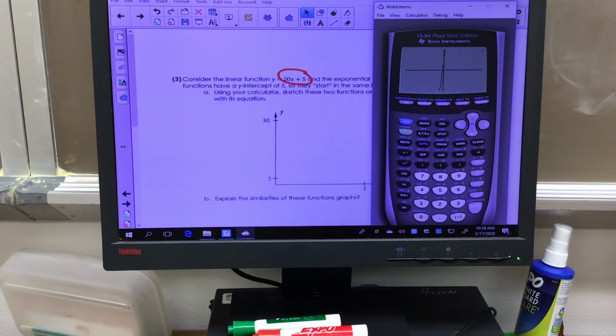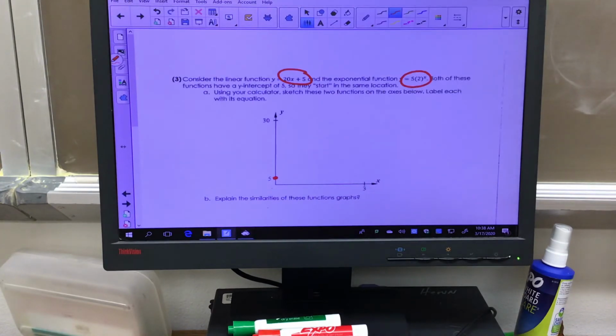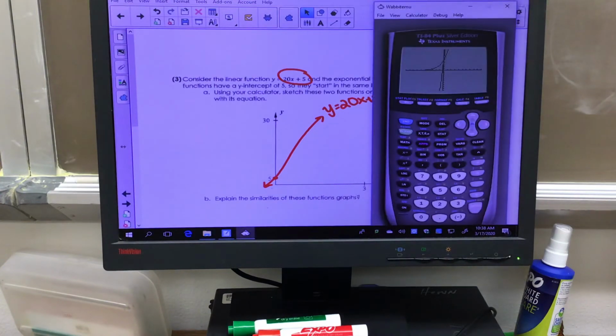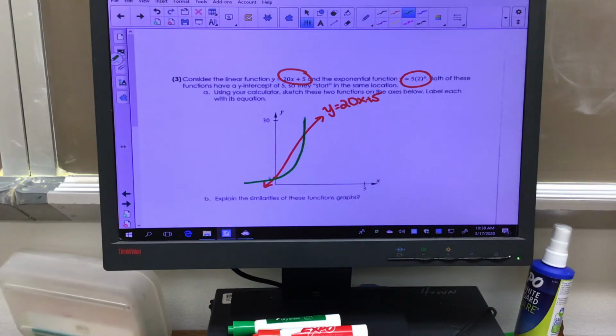All right. So I have a line. Both of them should go through 5. So I have a line going through 5. We know the one that's a line is y equals 20x plus 5. And then 1 is clearly a curve, which is our exponential function.